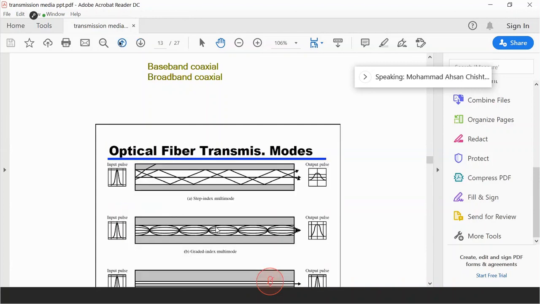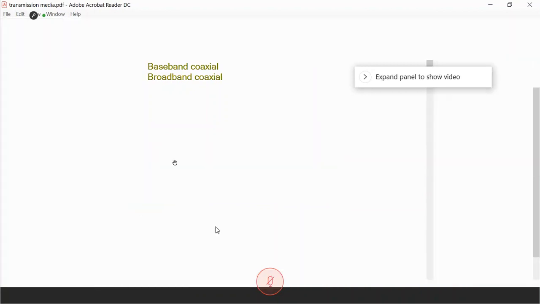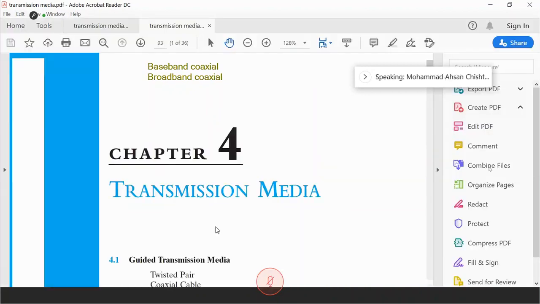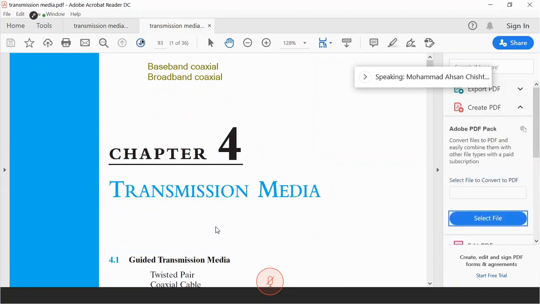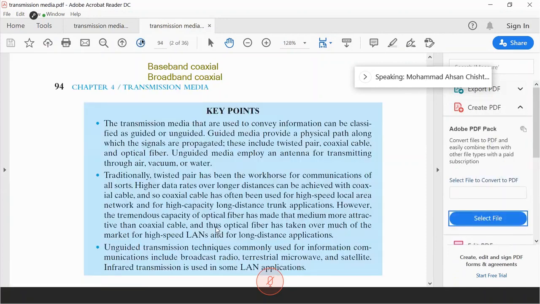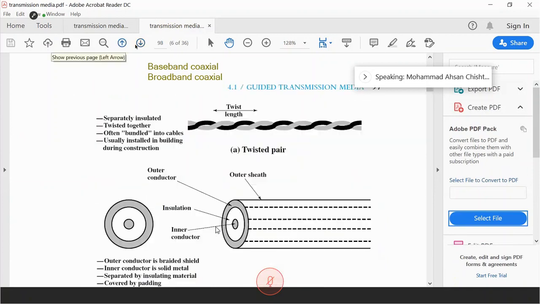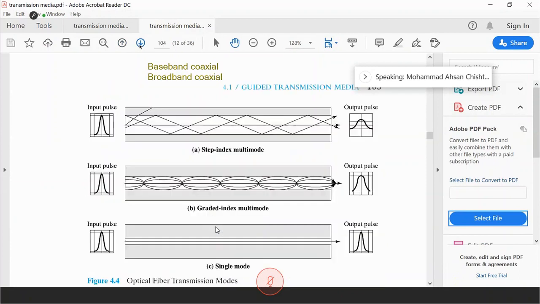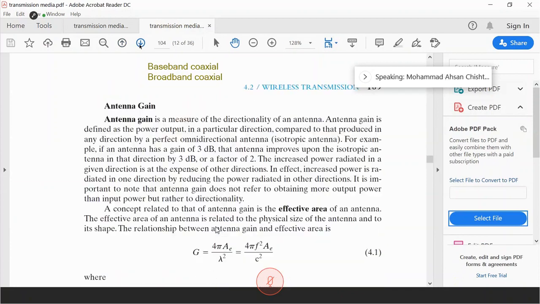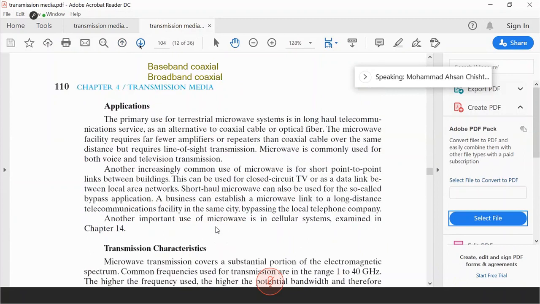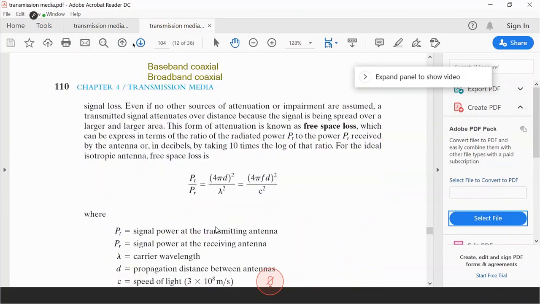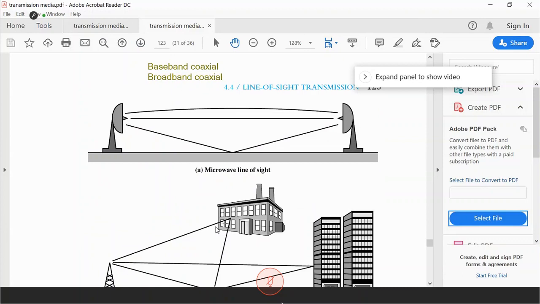I'll share another file to see if we have the image of these. No, I wasn't looking for a good image of it. Anyhow, it's not here. Let me just go back.